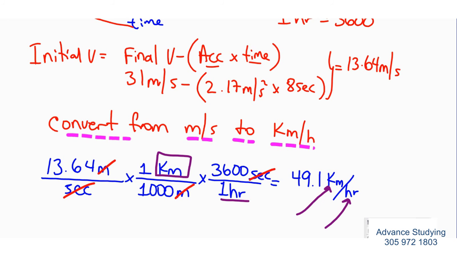We just converted from meters per second to kilometers per hour. Simply, I divided by 1,000 and I multiply by 3,600. Those numbers will always be the same when you convert from meters per second to kilometers per hour. I hope this helps you out.